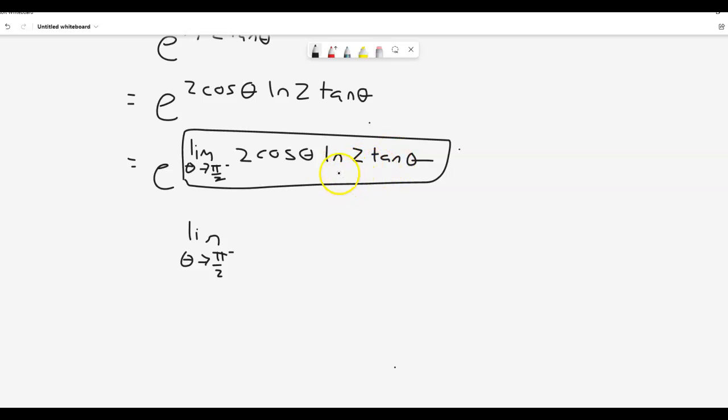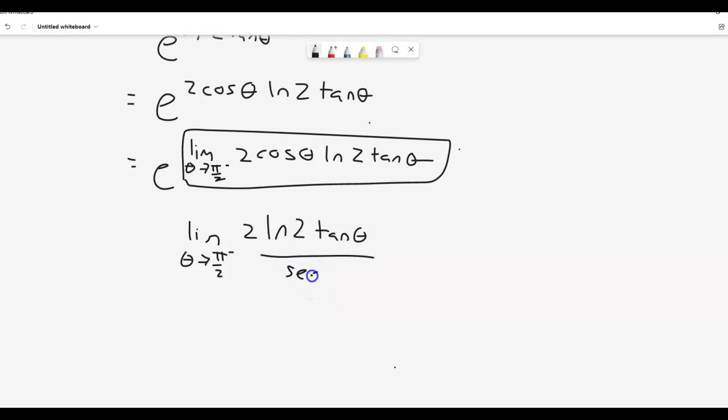But I have found, just through personal history of doing these, that I usually keep the term with the natural log on the top. So this is going to be the natural log of 2 tangent of theta, and on the bottom, we're going to leave the 2 up there as well. On the bottom, it's just going to be 1 over cosine of theta, which is secant of theta.